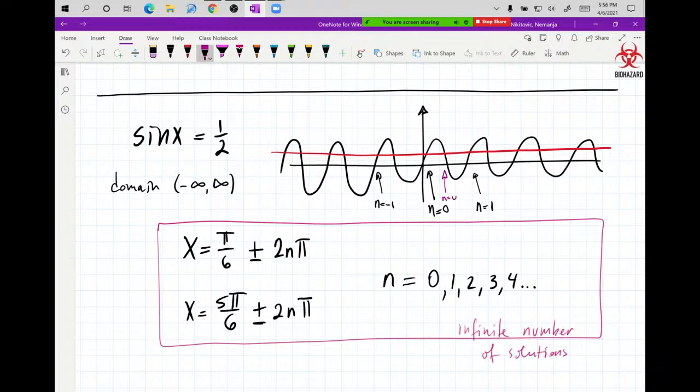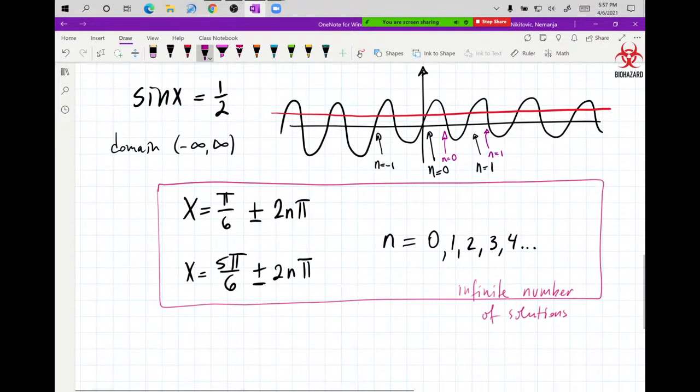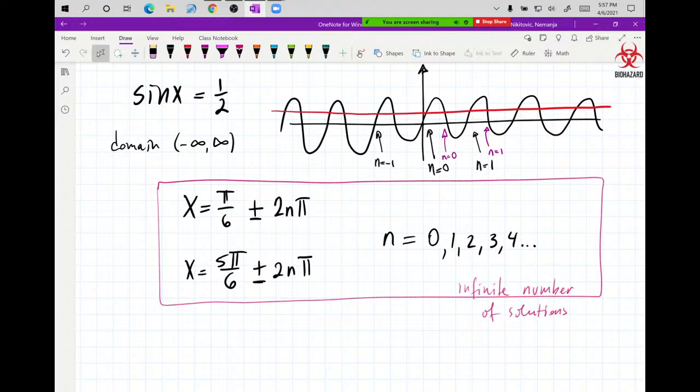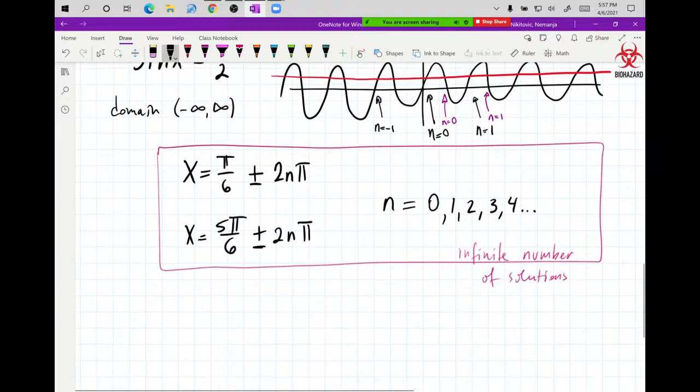And that's also n equals 0 for the first one. And then the second one, n equals 1. And then also minus 1, and so on. And you can actually compute them by simply adding or subtracting the period, and how many of those periods you have, depending on which solution you want to get to.